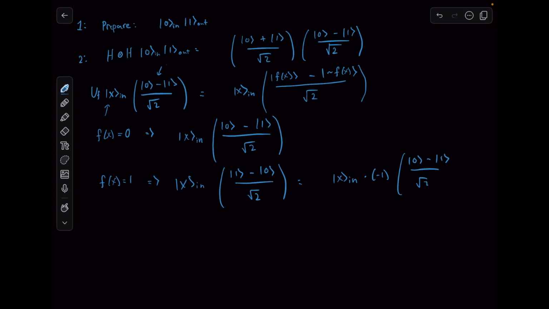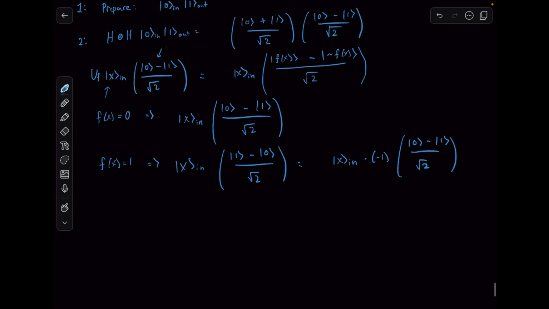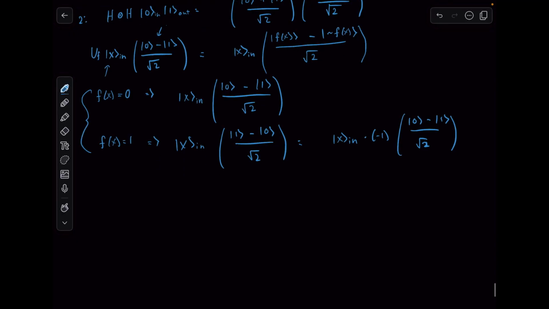And this gives us a nicer way of representing our state without actually having to talk about these different values, because we can just say U_f on the input, and then our output register in this state is just equal to negative 1 to the power of f of x times the state that we had.